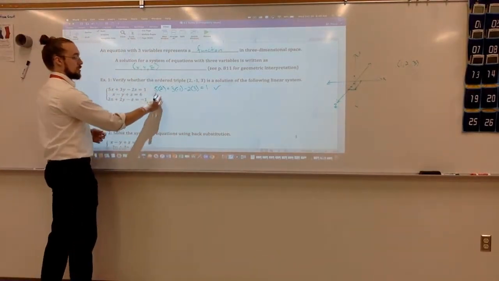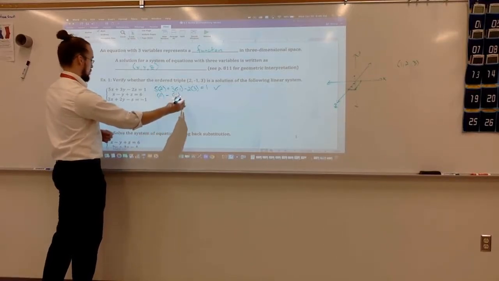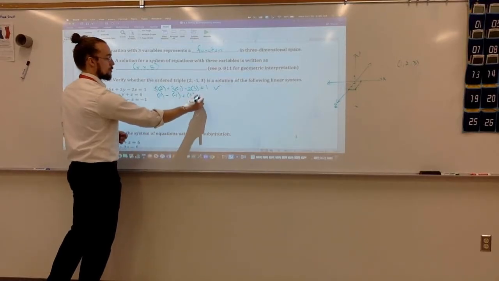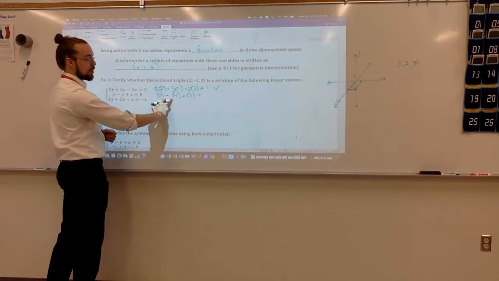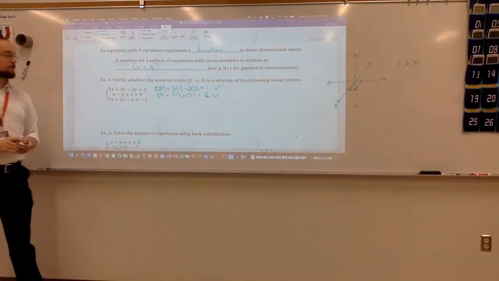Second one: 2 minus -1 plus 3. We are hoping that equals 6. So 2 plus 1 plus 3 does equal 6. That one works.